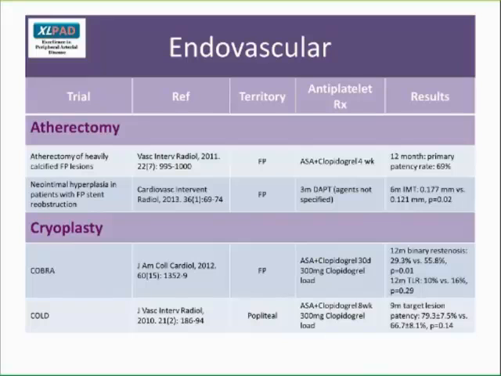The next section of this presentation, I have tried to put a lot of this data into some very simplified tables, and I have tried to group them based upon therapy, type or modality of endovascular therapy. If you follow me from the top, I am going to present to you some atherectomy trials.